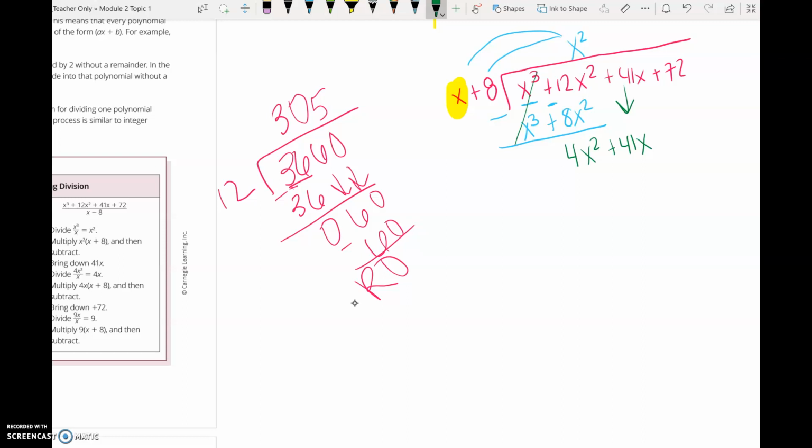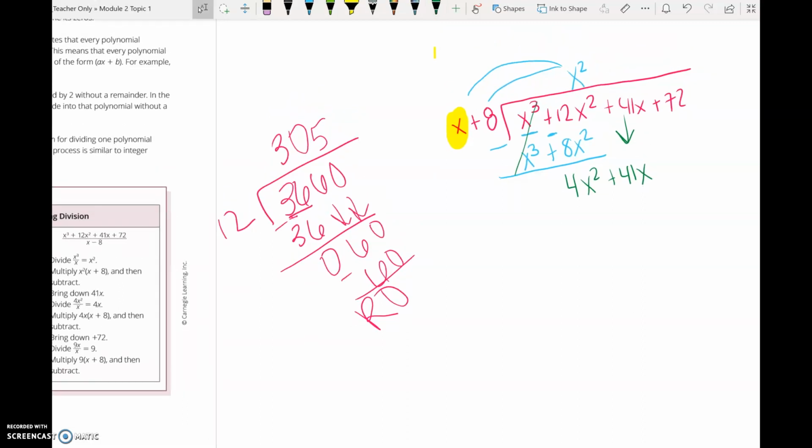And I'm going to ask myself, well, what times x makes 4x squared? 4x. So I'm going to distribute. 4x times x is 4x squared. 4x times 8 is 32x.